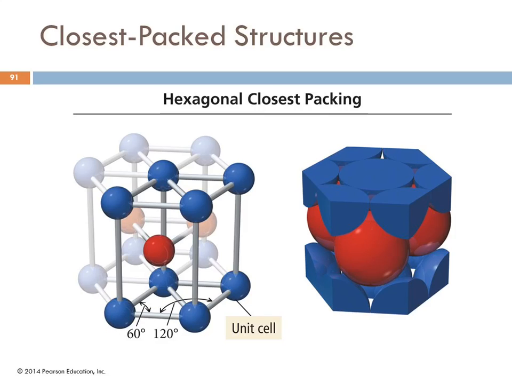Yeah, you just kind of have to stare at that for a while to figure out what you're looking at. This is that AB pattern where this middle layer is sitting in the holes caused by the first layer, and the second layer is lined up above the first layer.